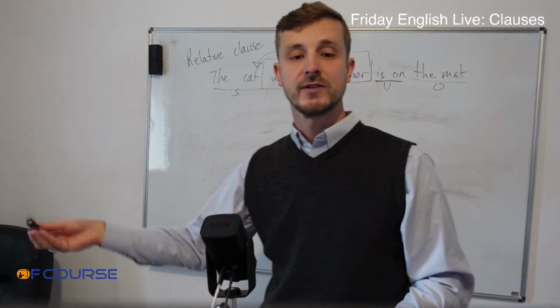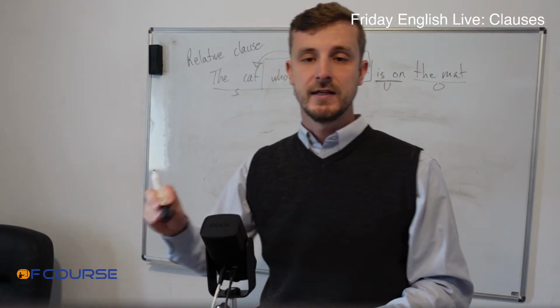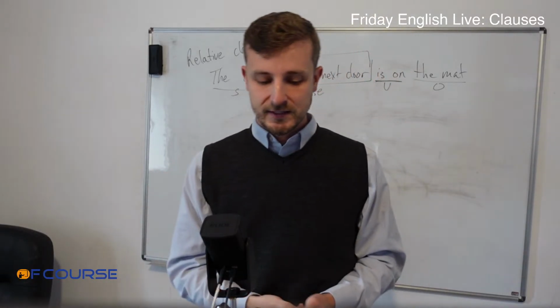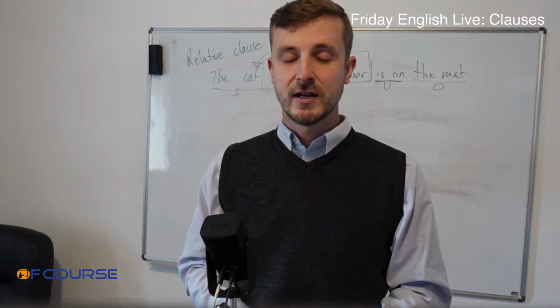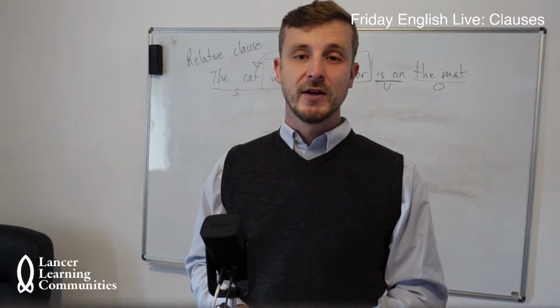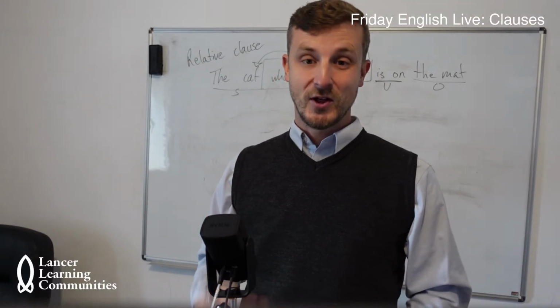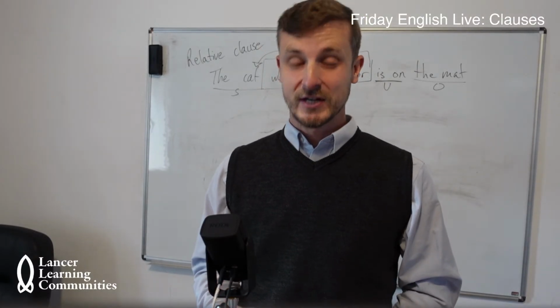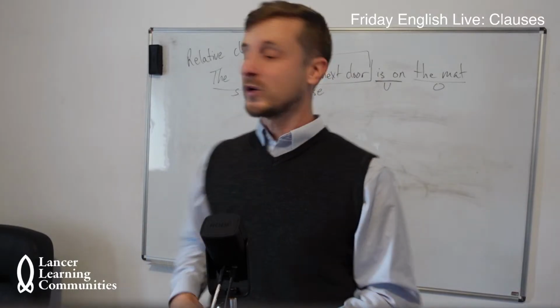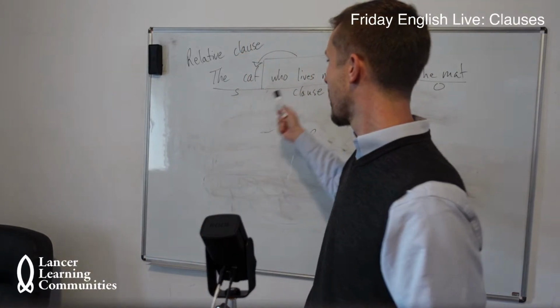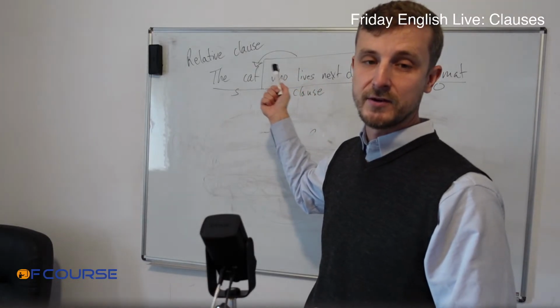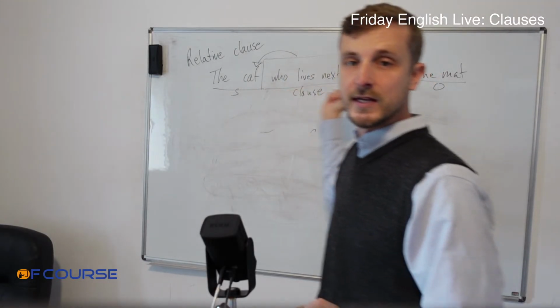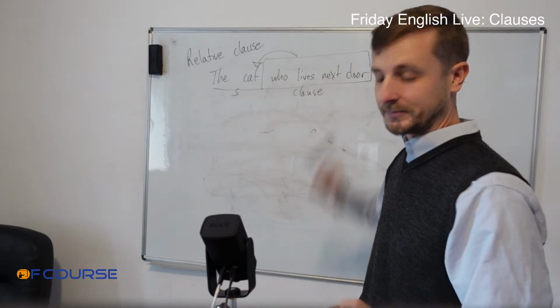The cat who lives next door is on the mat. These clauses don't just exist in English, they also exist in other languages. But today we're discovering the clauses as they appear in English and what we call them. So we call this the relative clause, the cat who lives next door.